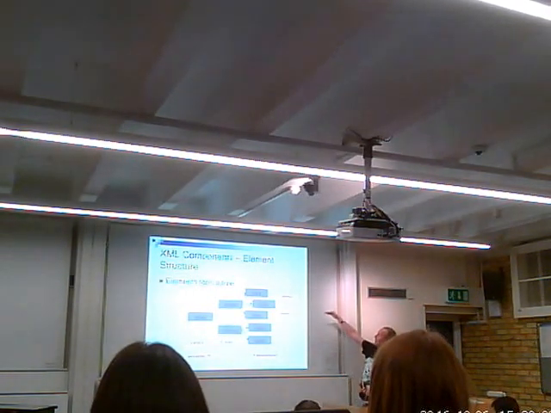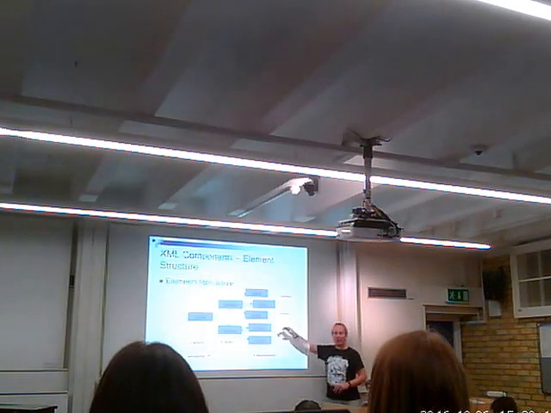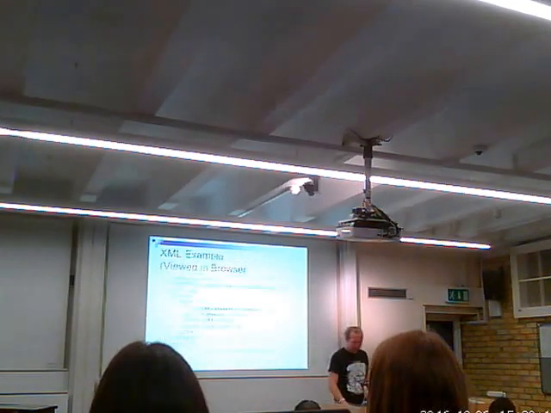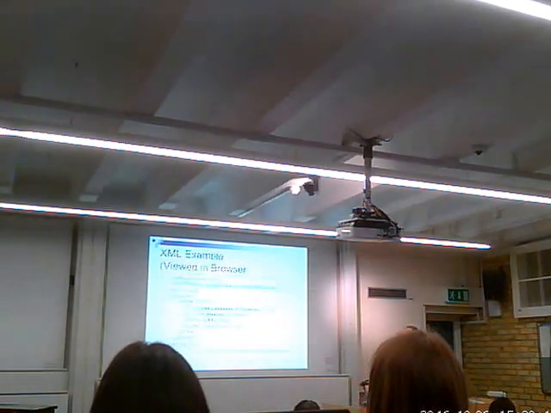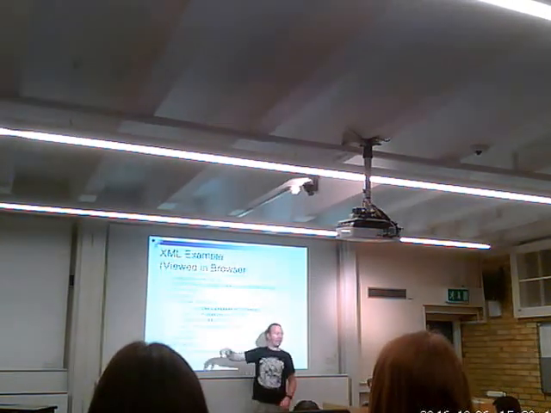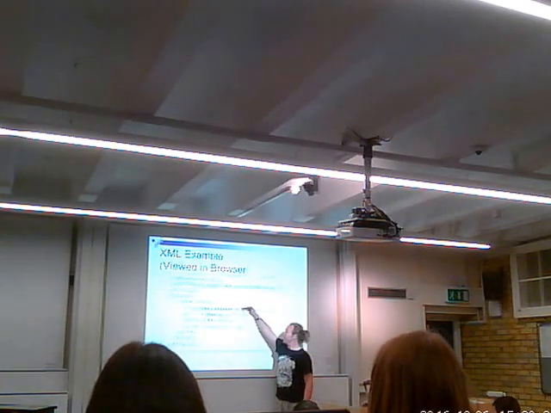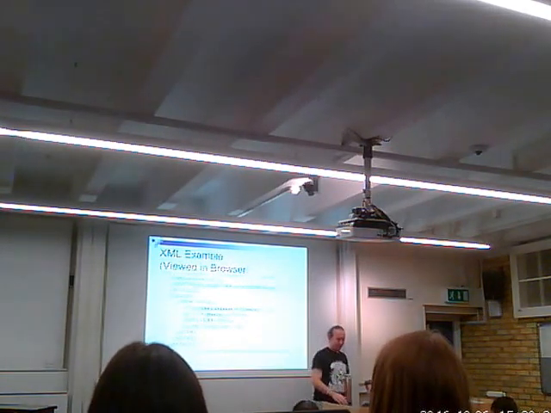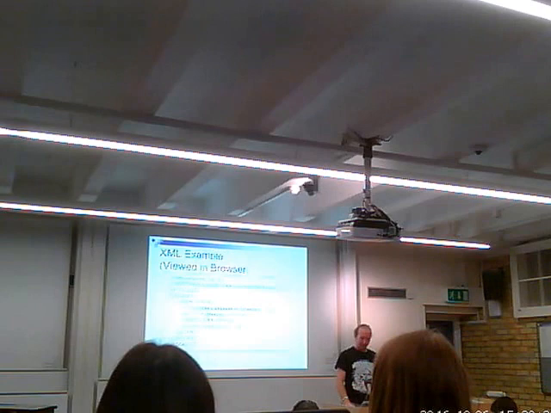Whilst that's clear in a tree diagram, remember it's not always that obvious when you're looking at it like this. You have to look for the open and close tags of the element you're looking at to realise that these things are siblings next to each other within that parent.